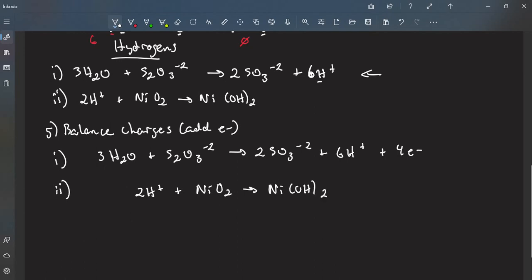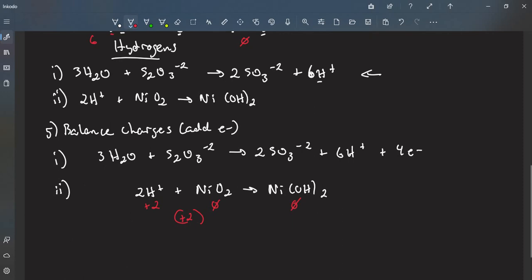Okay, so going through this again, here we have a positive 2 contribution in total from the 2 positive hydrogens, 0 here from nickel 4 oxide, and also nothing on the right-hand side here. So in total we have positive 2 plus 0. We have a positive 2 contribution on the left-hand side and a 0 on the right-hand side.